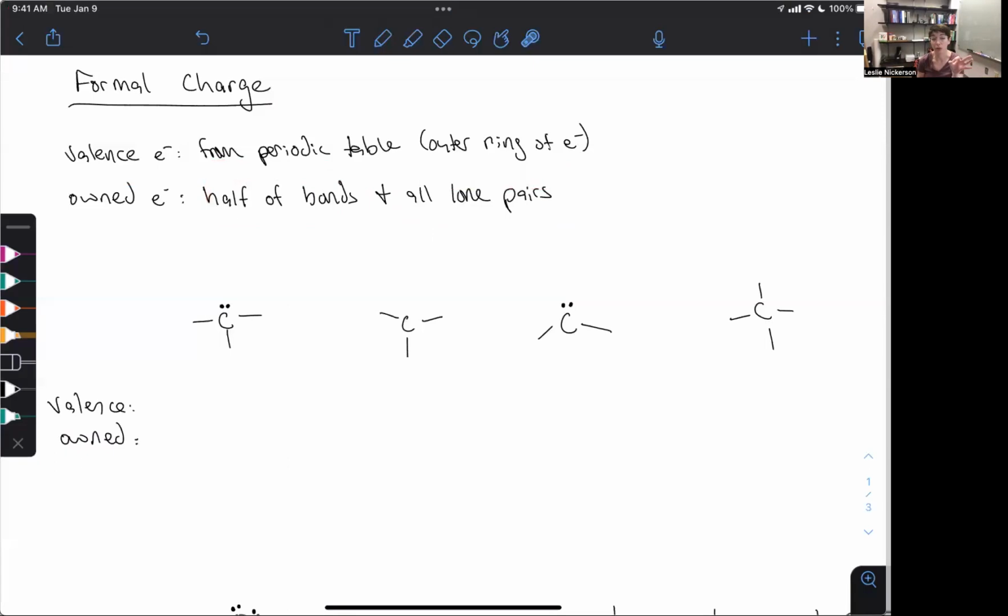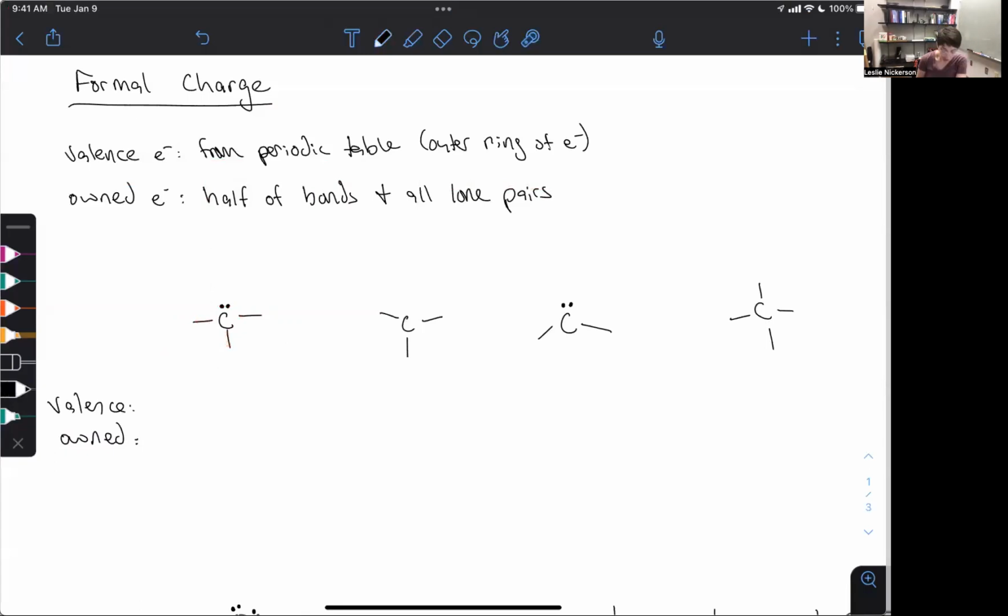They are solely on that atom. If we look at this carbon, for instance, these 2 lone pairs are fully owned by that carbon. But then depending on what's out here, the carbon's only really getting to hold half of the electrons in the bonds. So if each bond has 2 electrons, then we're thinking about half of those 6, which is 3.